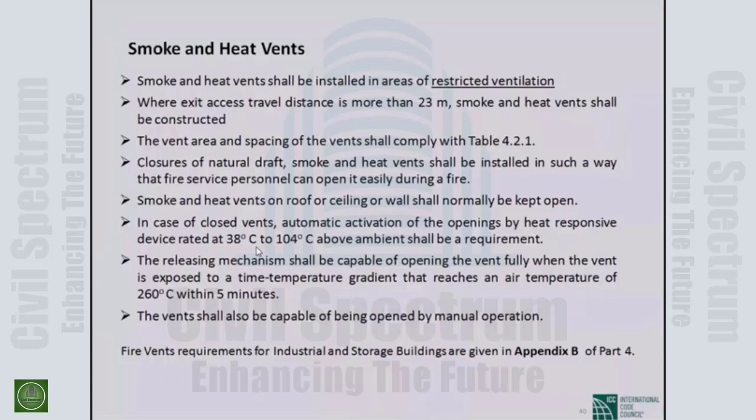Now I would like to talk something about the smoke and heat vents. Actually, when you think about the life safety issues, when there is a fire, the smoke will propagate from one room to another. After the flashover, or before the flashover, whenever there is fire, smoke will move from one room to another.